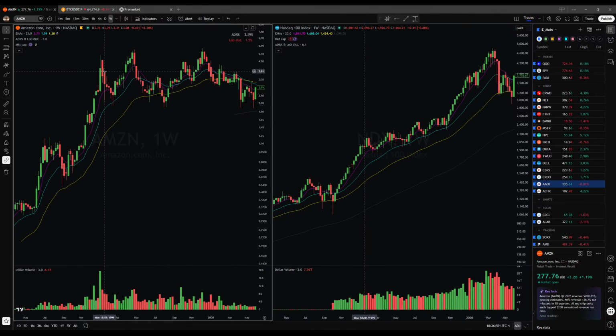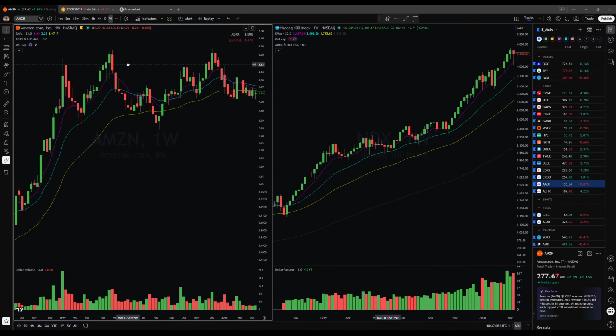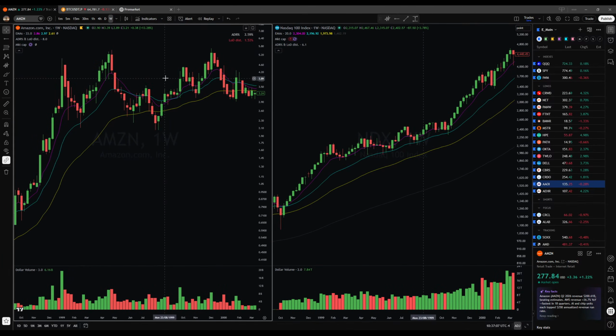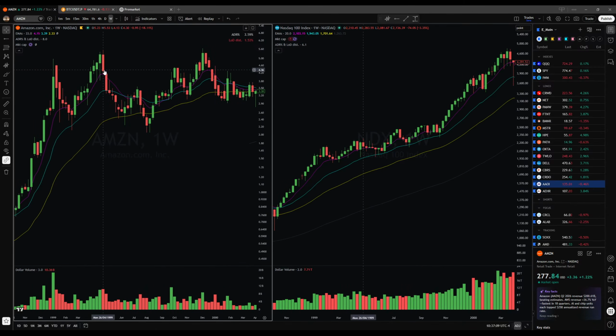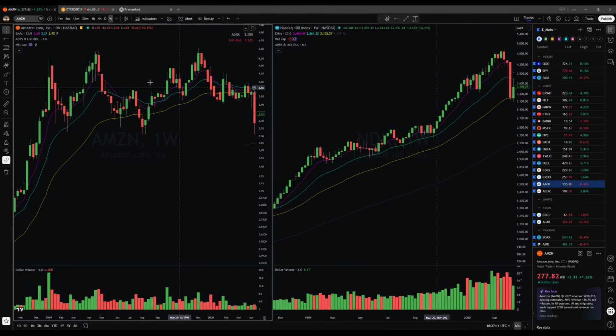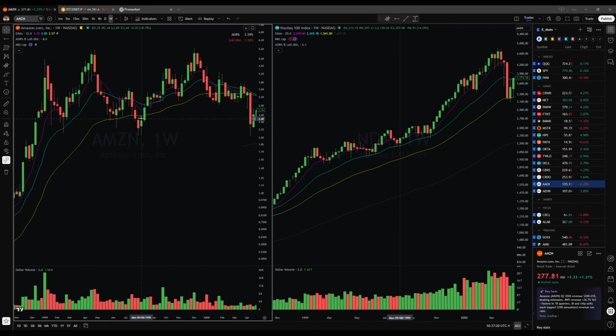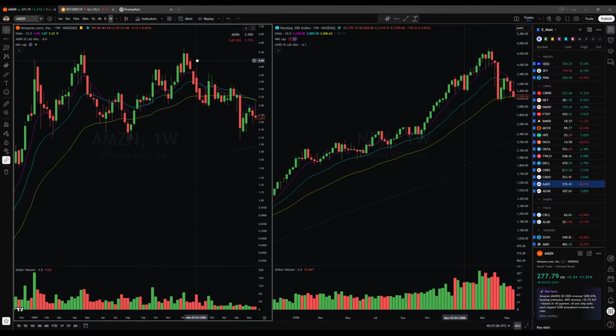It's getting choppy and not making any progress, attempting to make another move, but this one failed, and then gradually setting up for another one, also failed near the previous swing high too.